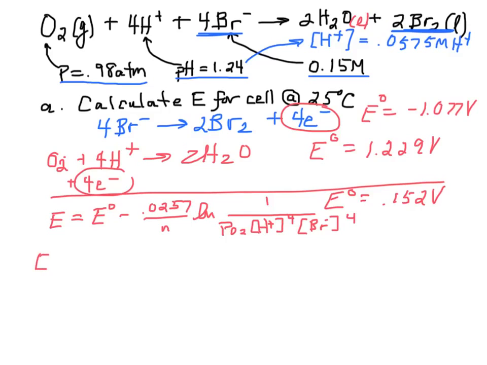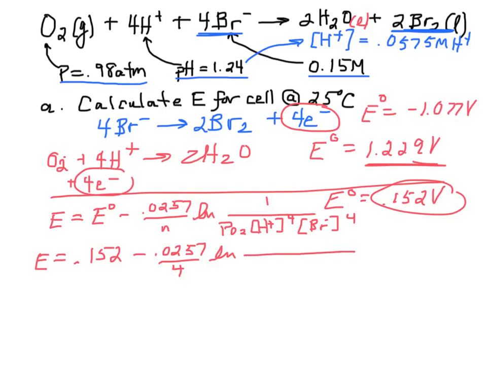So E equals E0, this number right here: 0.152 minus 0.0257 over 4 times the ln of 1 over 0.98, that was the atmospheres, times 0.0574, there's your concentration of H+ to the fourth, times 0.15, that's your concentration of Br- to the fourth.